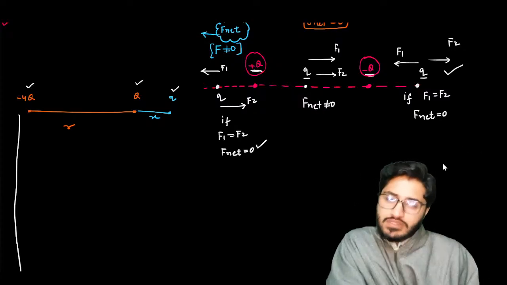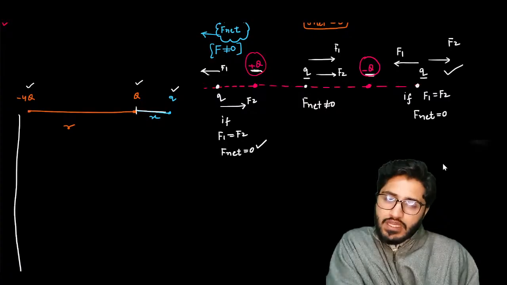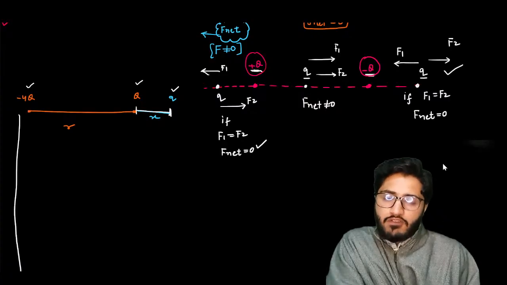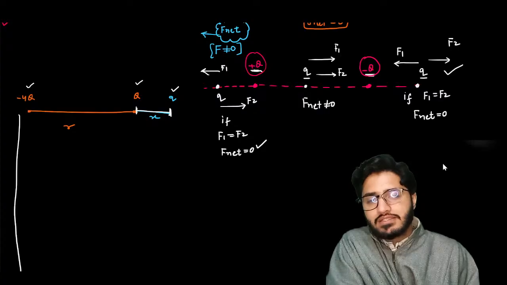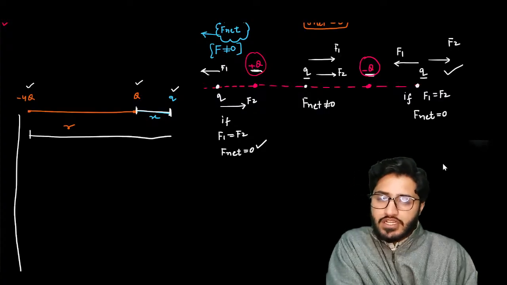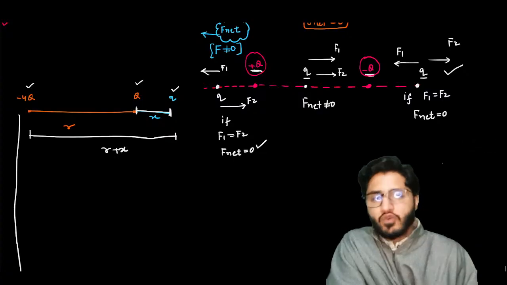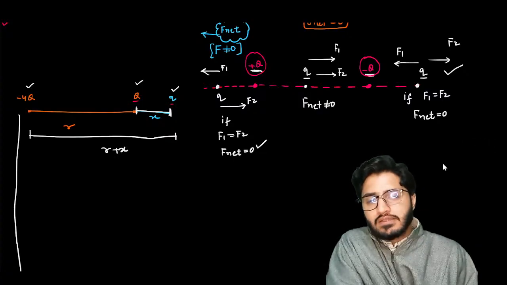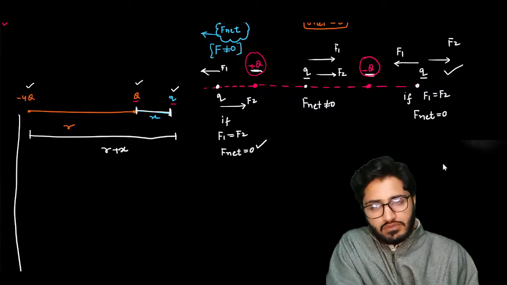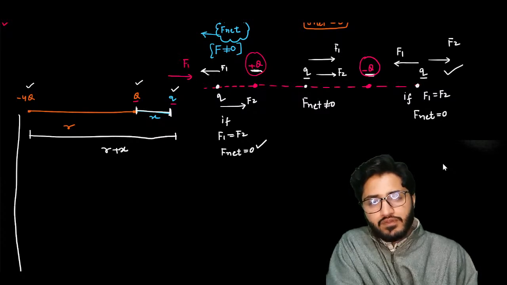Let us suppose the distance of the equilibrium point from the plus Q is X. That means this distance would be R plus X. Look, forces: like charges repel, so my F1 will be in this way. Minus and plus attract, so my F2 will be in this way.